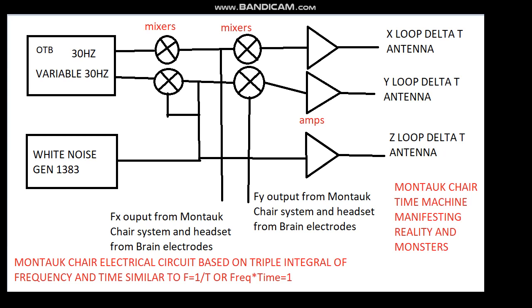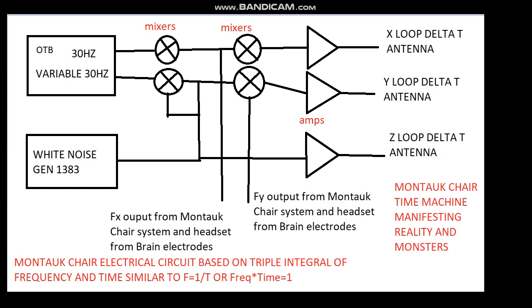And then your white noise generator actually comes through into another amplifier, and that amp gets fed into the Z loop of the delta T antenna. As we said, it's a triple integral X, Y and Z in 3D space. So why the white noise?